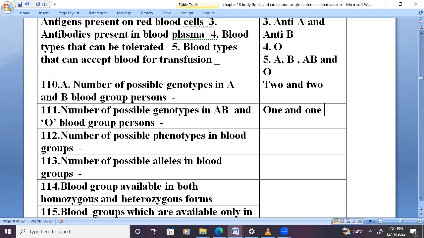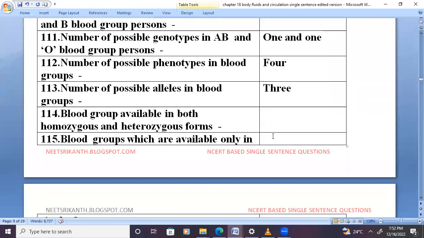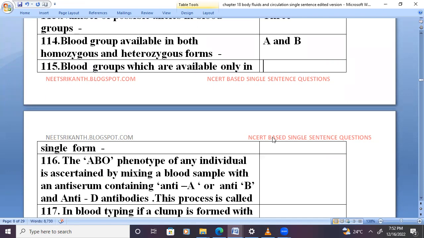Number of possible phenotypes in blood groups: 4. Number of possible alleles in blood groups: 3, A, B, O. Blood groups available in both homozygous and heterozygous forms: A and B.